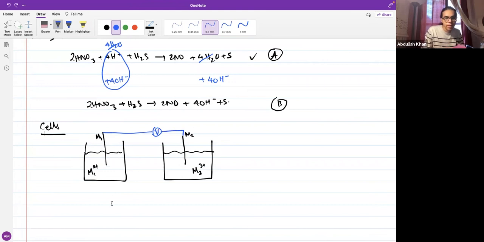Or a light bulb or anything like that. And then to complete the circuit, this is just for electronic purposes, you connect the solution on one side to the solution on the other side via what's called a salt bridge. This is what a cell looks like. 2 tubs, 2 metals stuck into their own ion solutions.